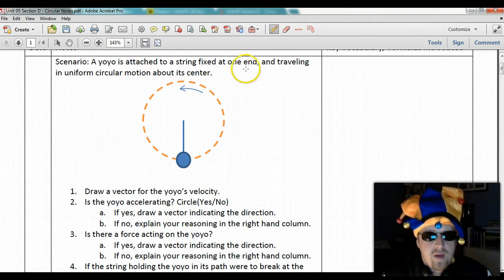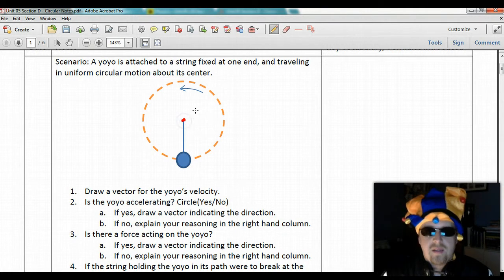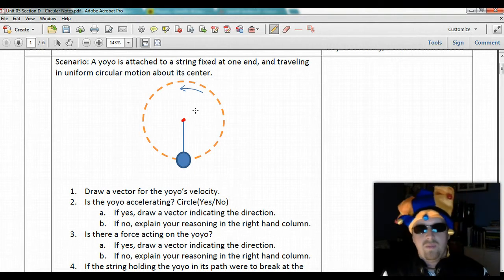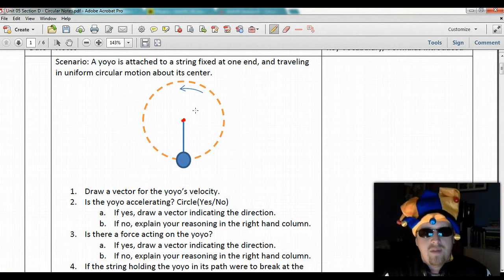First of all, scenario: you have a yo-yo attached to a string fixed at one end. Fixed means that right here in the very center of this circle, it's fixed. And it's traveling in uniform circular motion about its center, implying that the yo-yo is traveling at a constant speed.